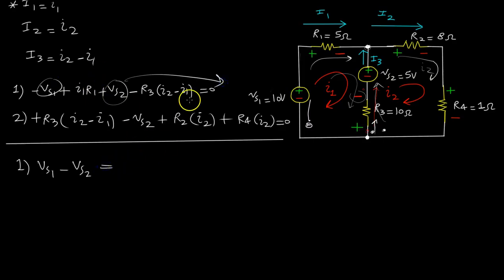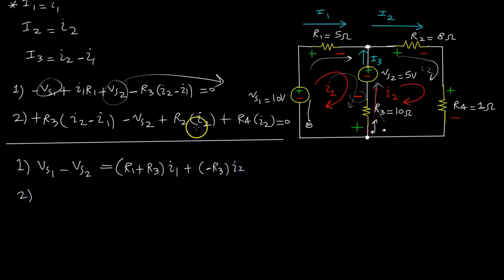That is equal to, let's simplify this, R1 plus R3 times I1. Then we have a minus R3 times I2. That is the first equation.